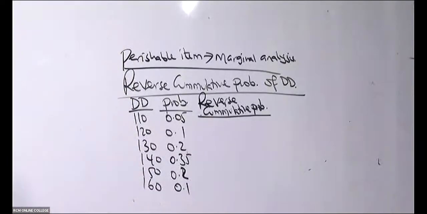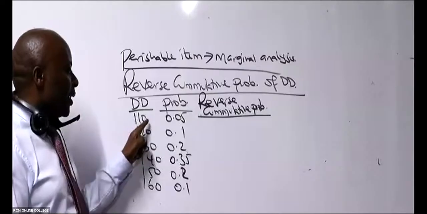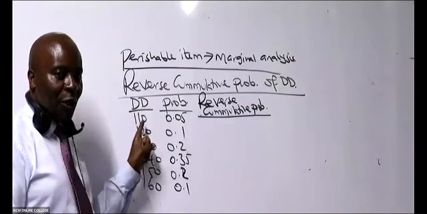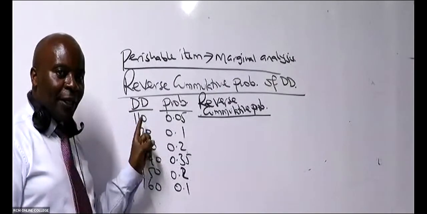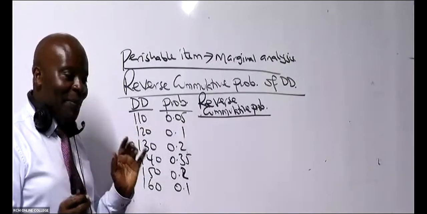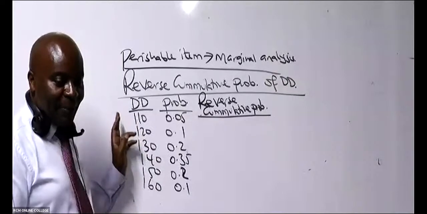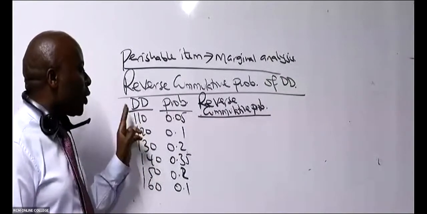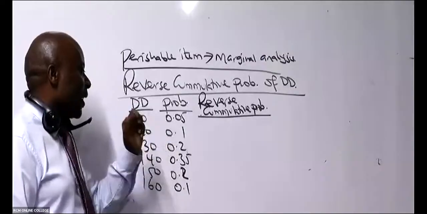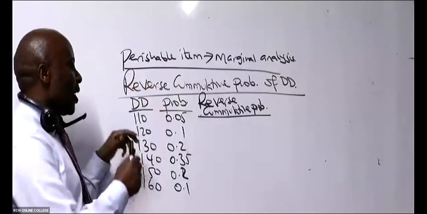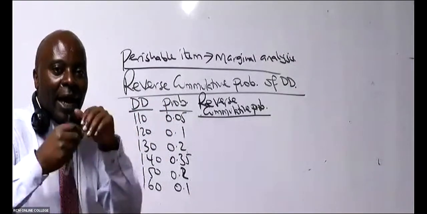So you see, ladies and gentlemen, if I bring the lowest demand value, 110, then I'm assured of selling everything, because the very least demand is 110. If 110 customers come, I sell all 110. If 120 come, I sell 110 and disappoint 10.